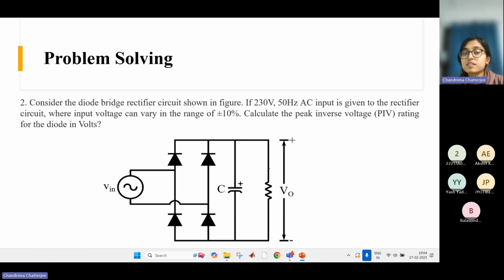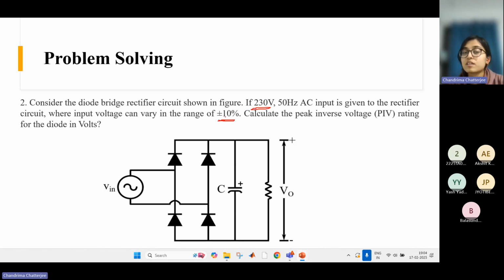Now the catch is, here they have given this range of plus minus 10%. What they are trying to say is that although my voltage is given as 230 volt, it can increase from 230 volt by up to 10% of 230 volt. That is the point of this range, that it can be plus 10% also, it can be minus 10% also, like it can dip.